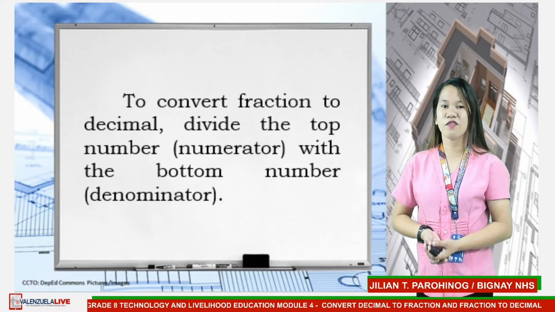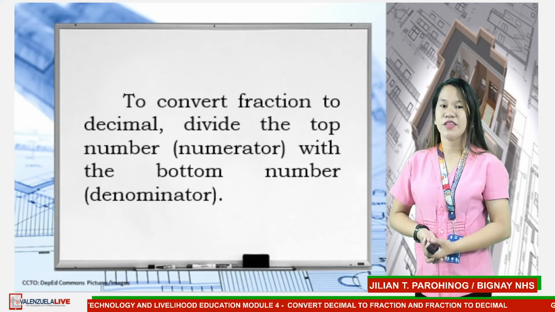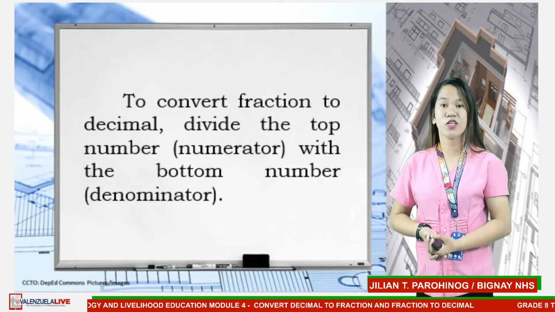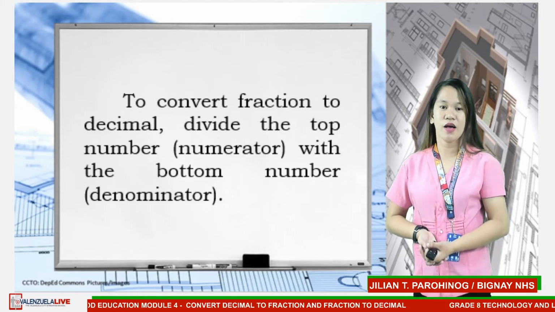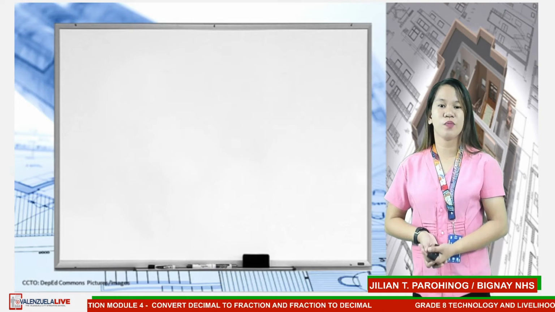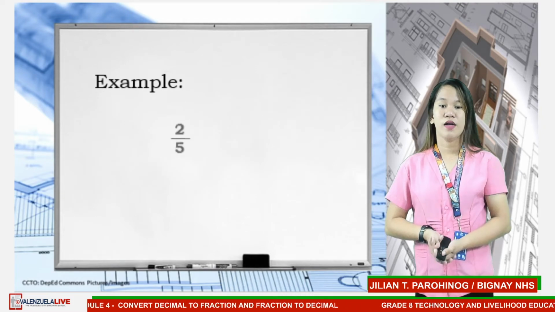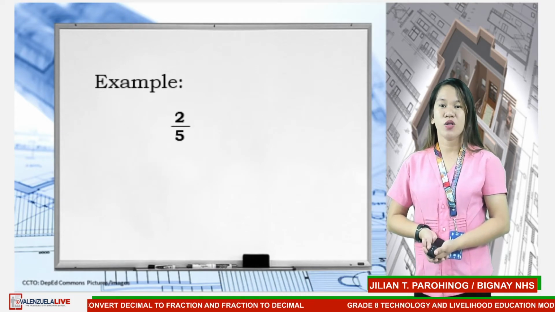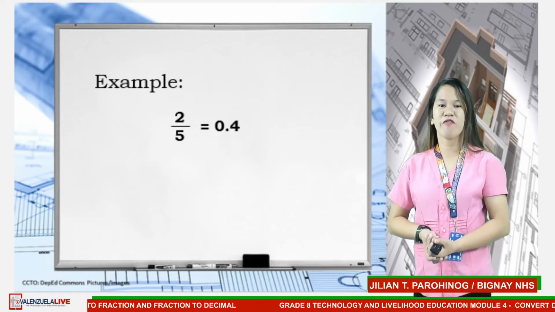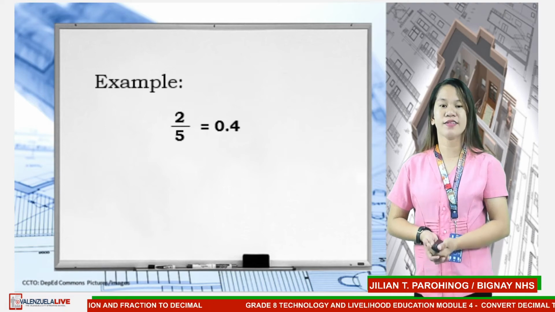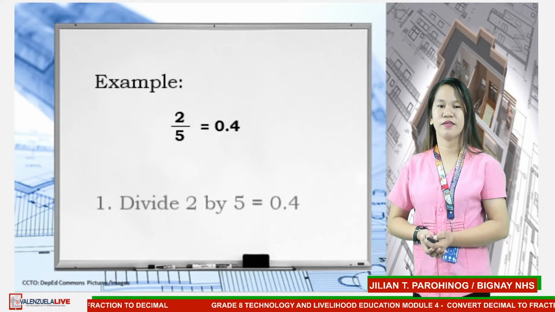To convert a fraction to a decimal, divide the top number or the numerator by the bottom number or the denominator. For example, number 1, we have 2 over 5. So we have to divide 2 by 5 for us to get 0.4.